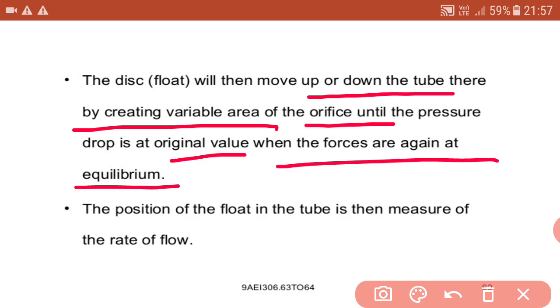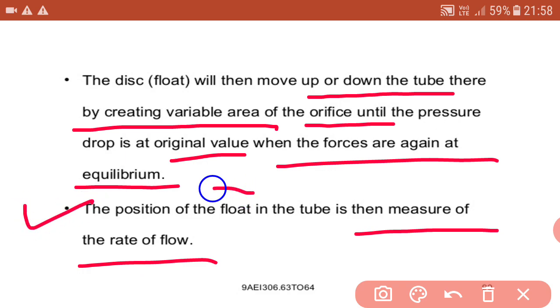After the measurement is done, it reaches the original, equilibrium position. The position of the float in the tube is then a measure of the rate of flow. So the flow rate is directly measured by the position of the float.